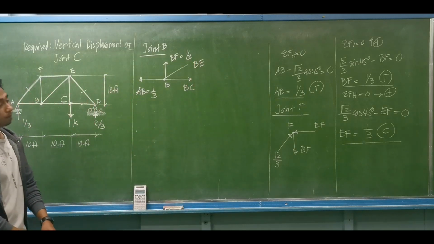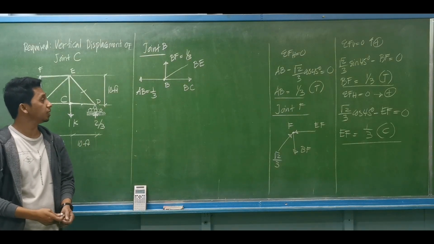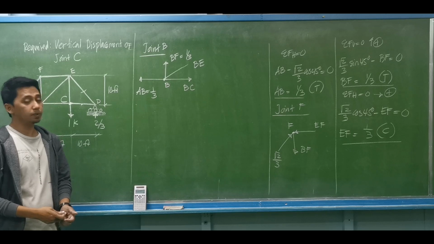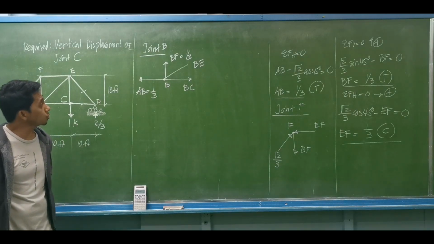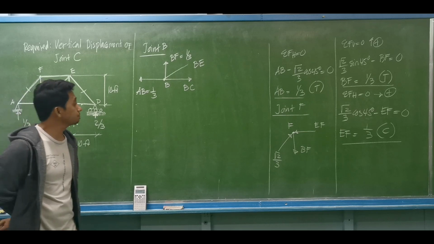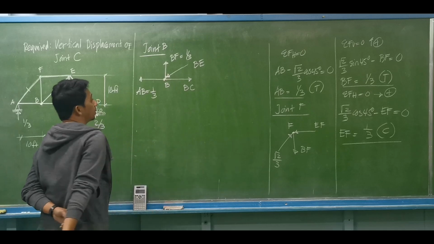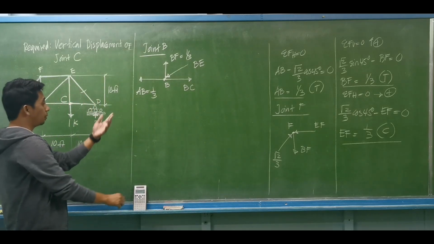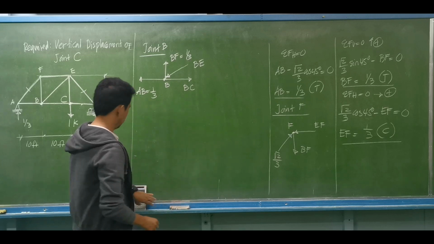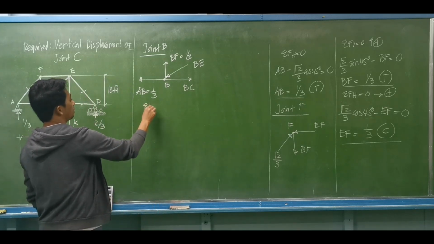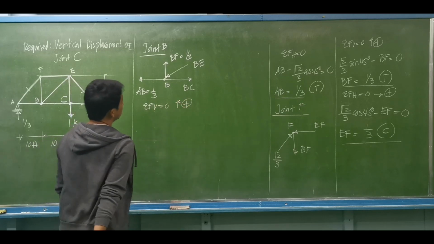So at joint B, initially we have AB is 1/3, BF is also 1/3. So BC and BE are the other members. So what should be the assumed direction of BE? I'll be assuming it will be under compression. So we can have the summation of forces vertical equal to 0, upward forces to be positive.